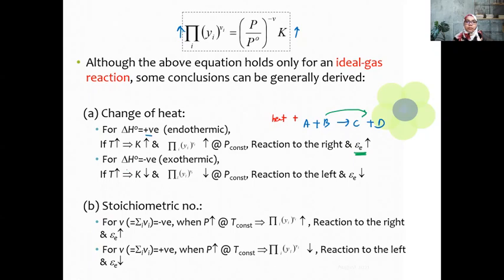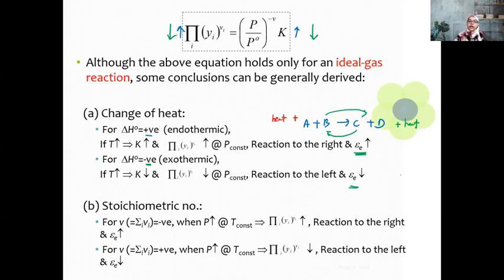Okay, for the exothermic reaction, we have the negative sign. Increasing the temperature reduces the equilibrium constant. So it will also reduce the product of the mole fractions to the power of the stoichiometric numbers, and the reaction will turn to the left, because the heat is a product here, and it will reduce the equilibrium conversion.